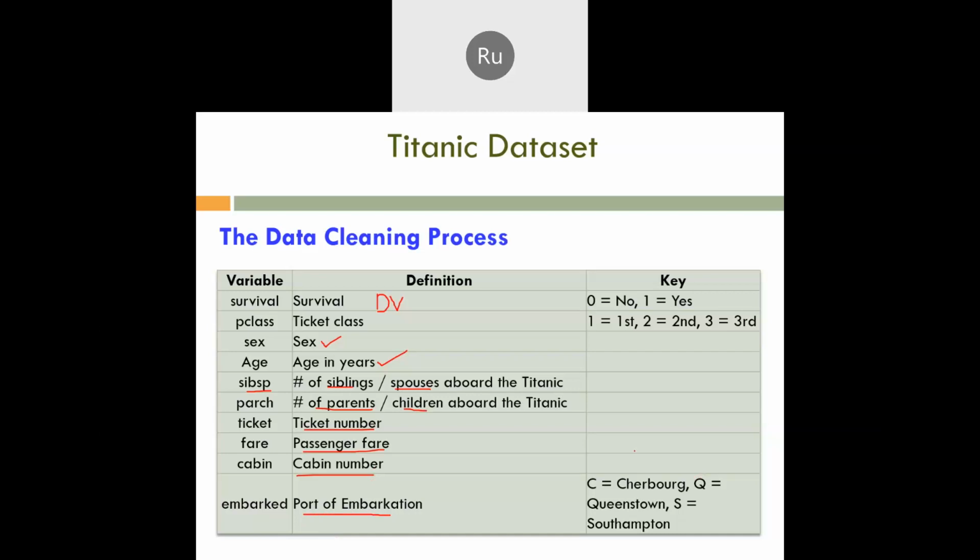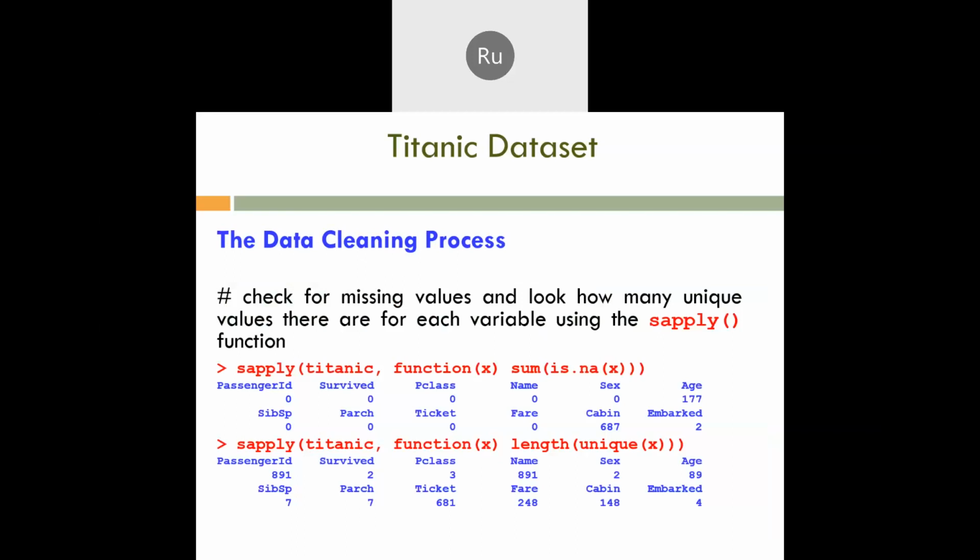Okay, so in the data cleaning, what we want to look at is, are there any missing values for some of the cells? So what we do, we look at each of the columns that we have. We look at whether that particular column has an NA. NA refers to missing value or non-applicable.